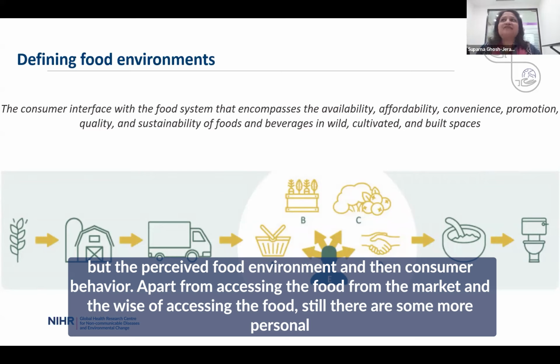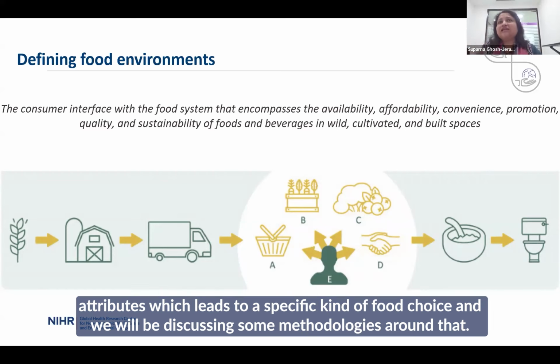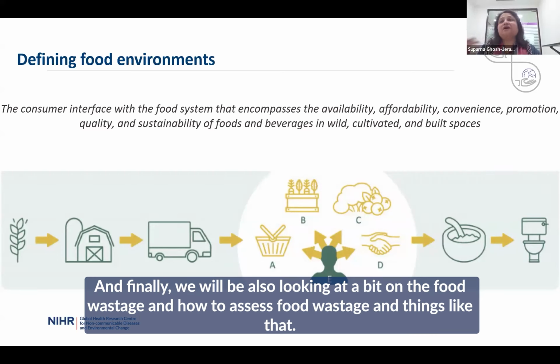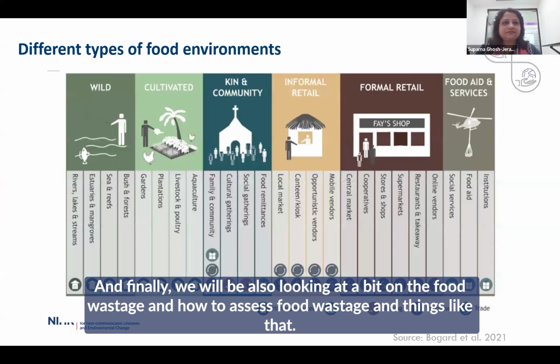Apart from accessing food from the market and the whys of accessing it, there are some more personal attributes which lead to a specific kind of food choice, and we will be discussing some methodologies around that. And finally, we will also look a bit at food wastage and how to assess food wastage and things like that.